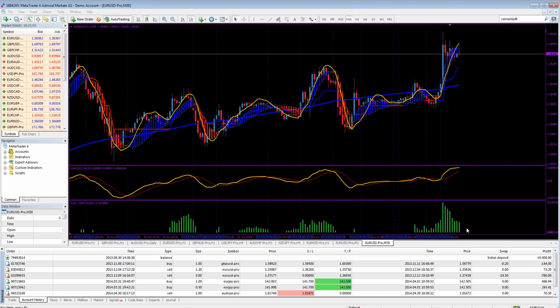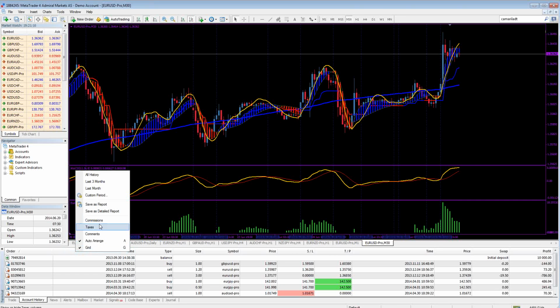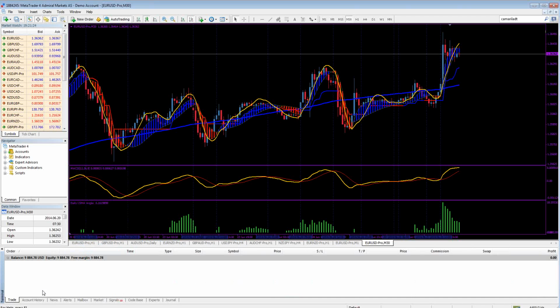So the only way you can check whether the system is good or not is to go to the vendor site and ask for a real account statement in HTML form. Save as detailed report or save as report. It doesn't matter. That is the only thing. PDFs, JPGs, all other stuff are fake.